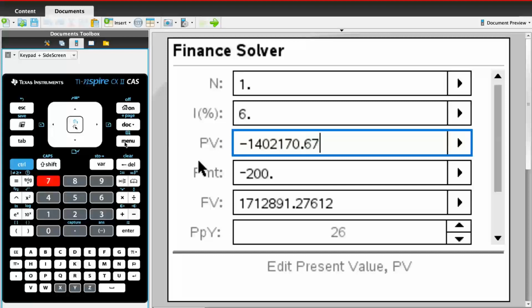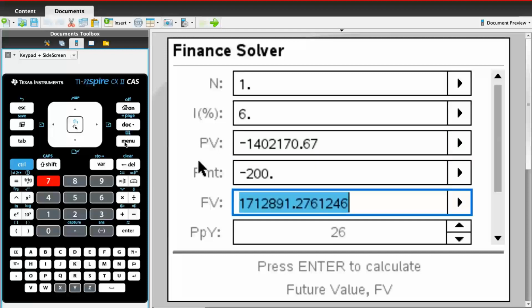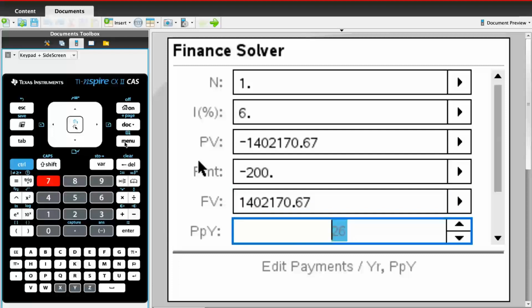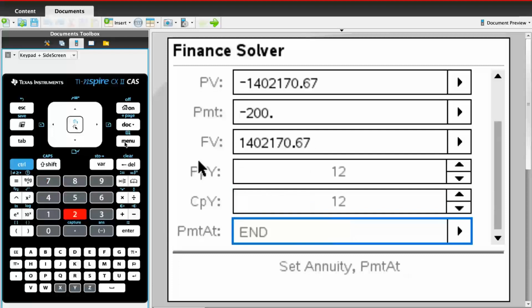1,402,170.67, just rounding it to the nearest cent. And the key thing with a perpetuity is that you must have the PV and the FV being the same value, even though they're negatives of each other. You do want that number to be the same, 1,402,170.67, and we have to change this PPY and CPY to 12.